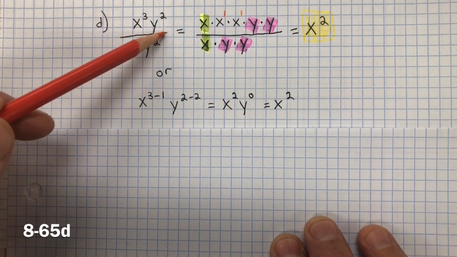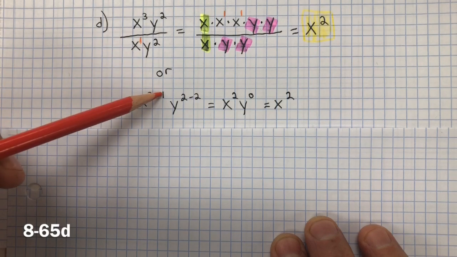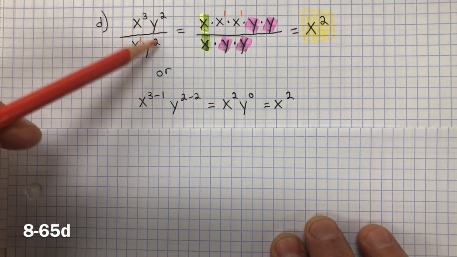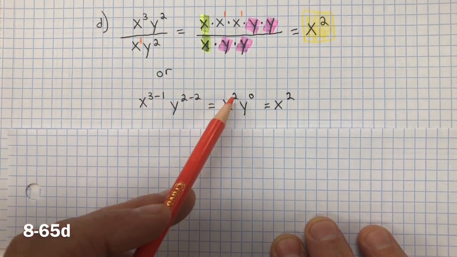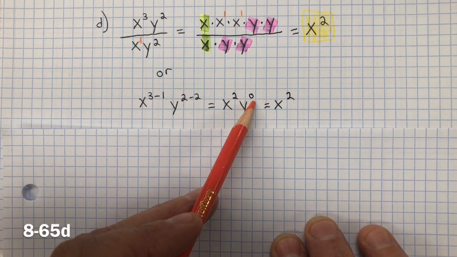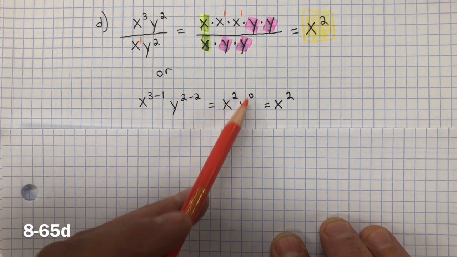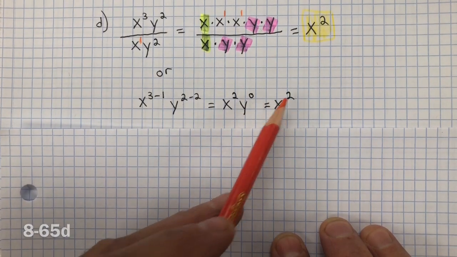So treat the fraction bar like a subtraction sign. 3 minus 1, and 2 minus 2, because these have the same bases. So 3 minus 1 is 2, and 2 minus 2 is 0. Anything to the 0 power is going to be 1. So we have x squared multiplied by 1, which is x squared.